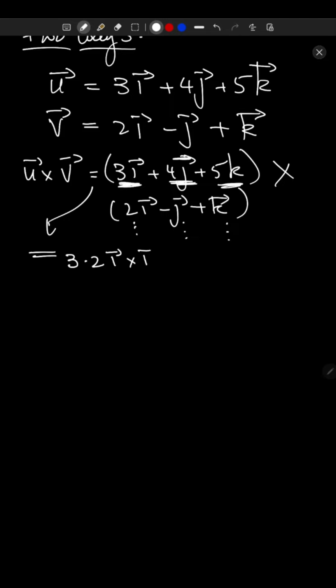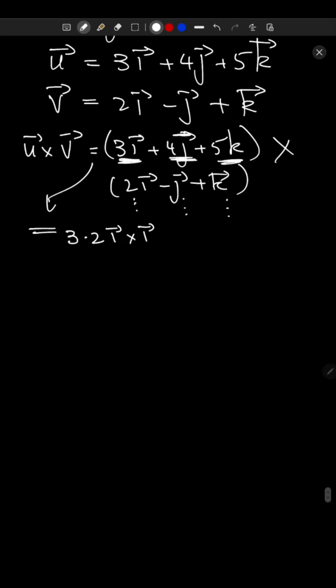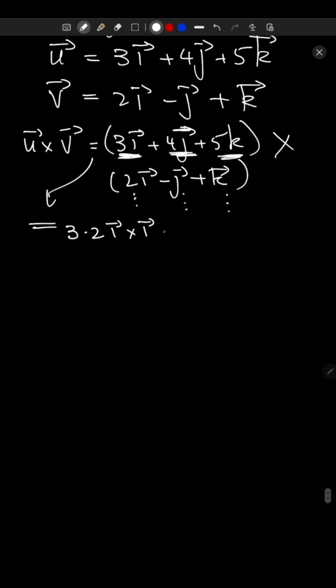This is going to be pretty brutal, but the computation is relatively straightforward, so at least we have that going for us. Minus 3i cross j, so that would be 3i, and then cross the minus j. And then plus 3i cross k, the first guy cross the k in the second vector.